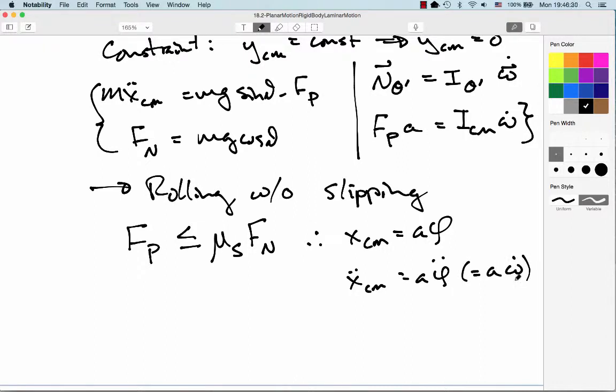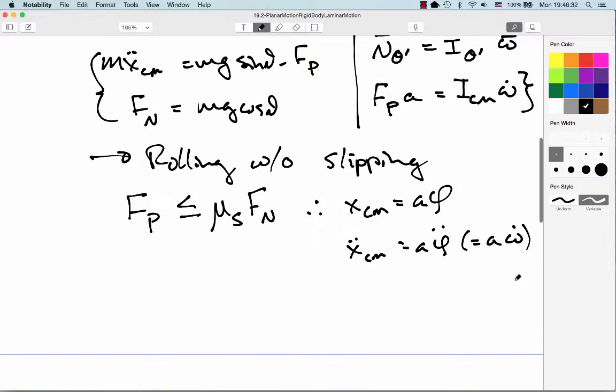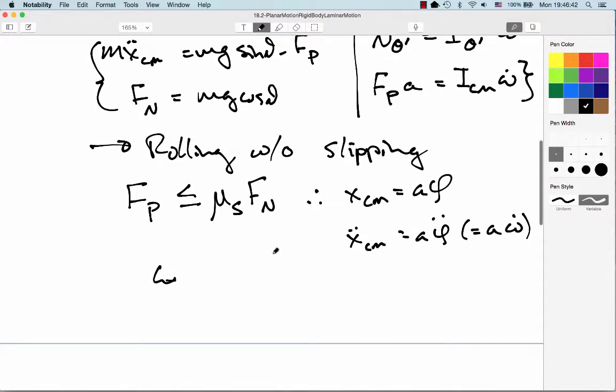Alright, so with all that, from here I can observe that omega dot would be equal to X_CM double dot over A. That's good.